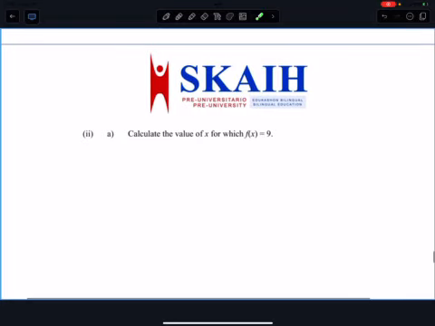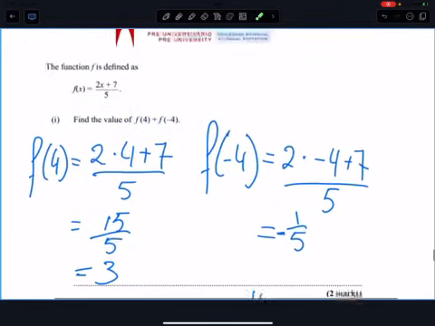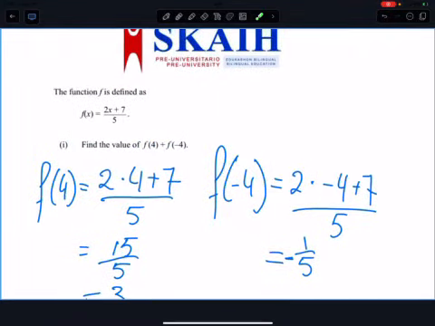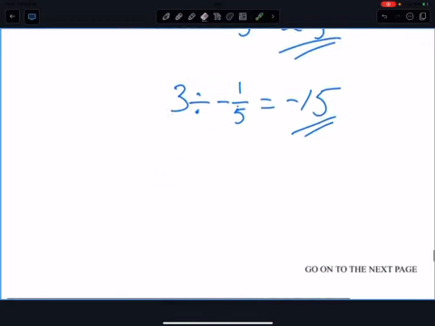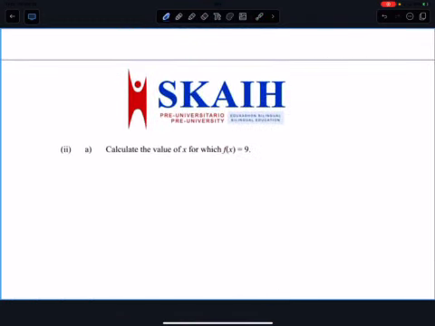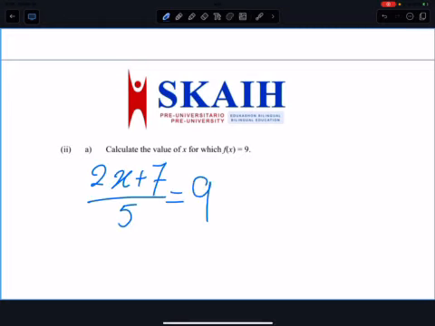Yes? So if we look at the previous function, 2x plus 7 divided by 5, it's saying 2x plus 7 divided by 5 equals 9. That's what it's saying. Fx equals 9, because normally it would be y.